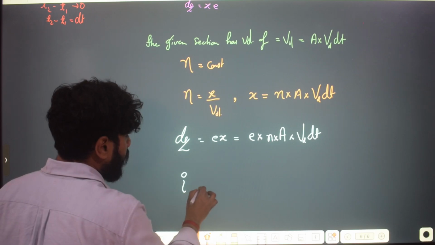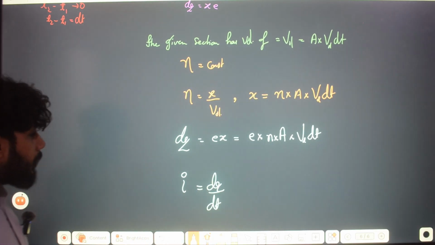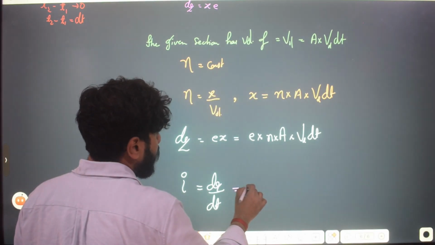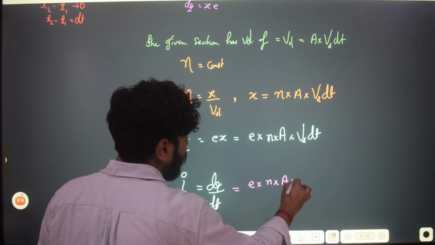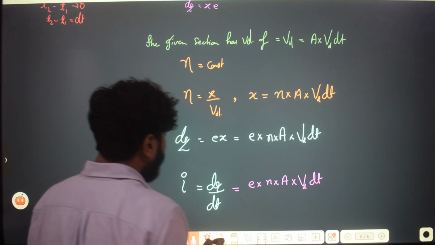Current is dq over dt, meaning the amount of charge which has flown in dt time, and we have already found the value of dq, that is e times n into A into Vd times dt, right?